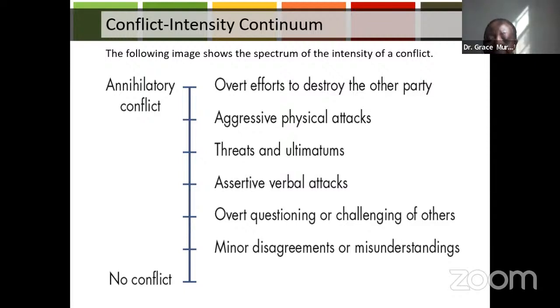As the conflict intensifies, it goes to threats and ultimatums. I'm going to fire you, you're going to go. Others will even tell you, I will kill you. Then aggressive physical attacks, where people can actually fight. And lastly, we completely destroy each other. If conflict is not managed, the intensity increases.